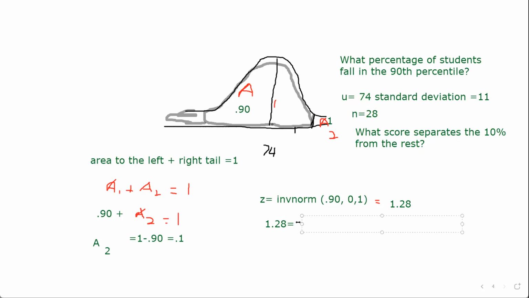If you're not sure, n is 28, so you have to be dividing by the sample size this time. So you're going to get x bar, which in this case I'm going to use 74. I think it was 78.3, but I'm going to use 74 because that was your new group.